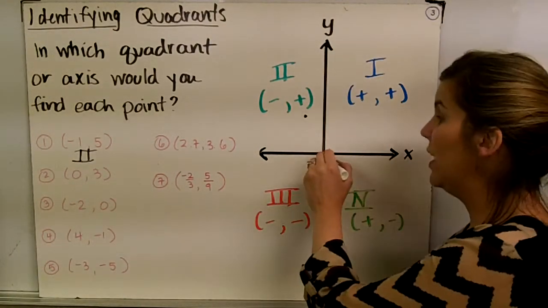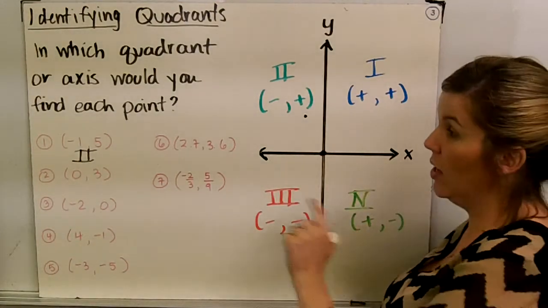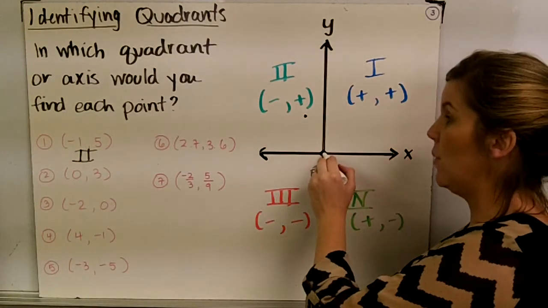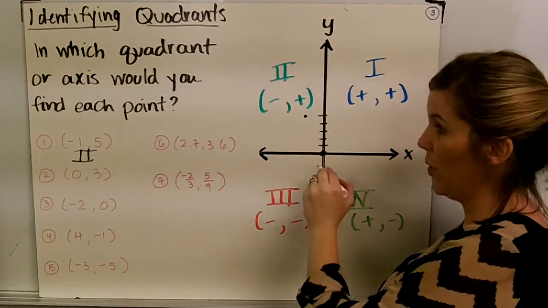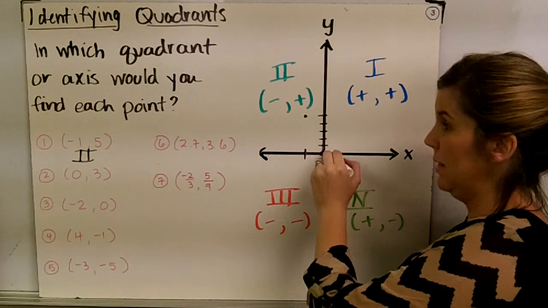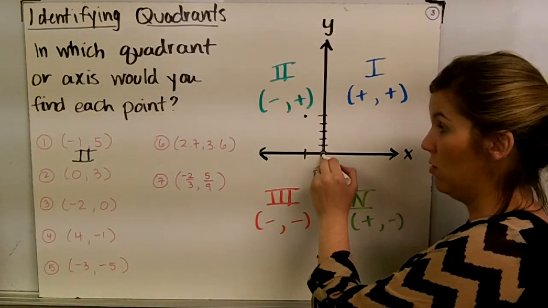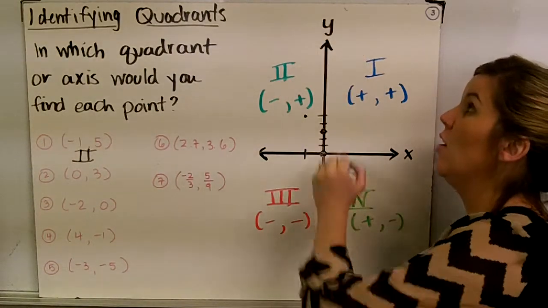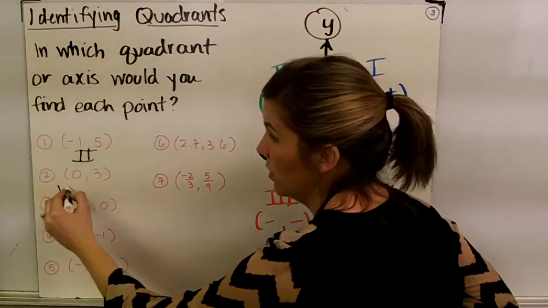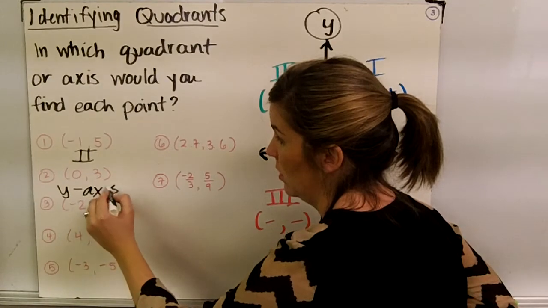We don't move left or right at all, and the 3 says we go up: 1, 2, 3. This one's going to be 0 left or right, and then up 3. So we are on the y-axis.